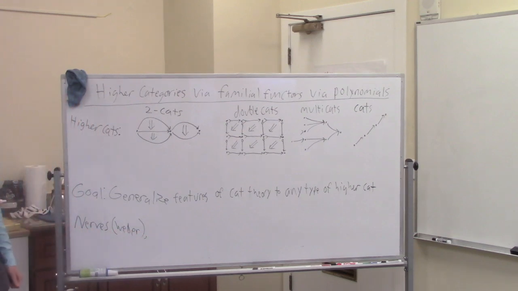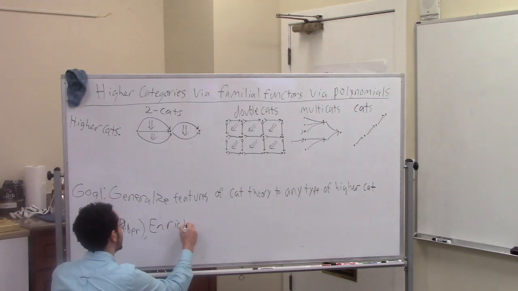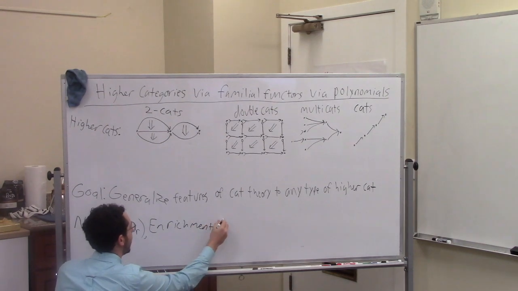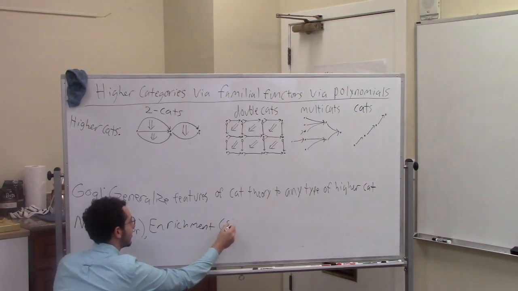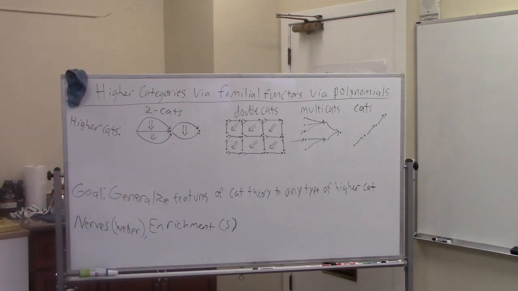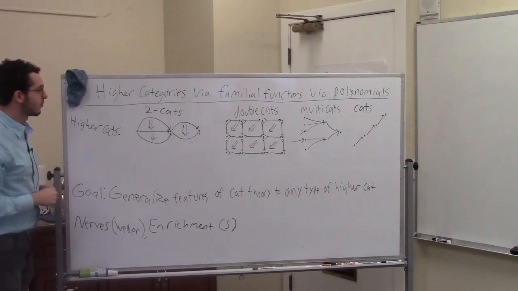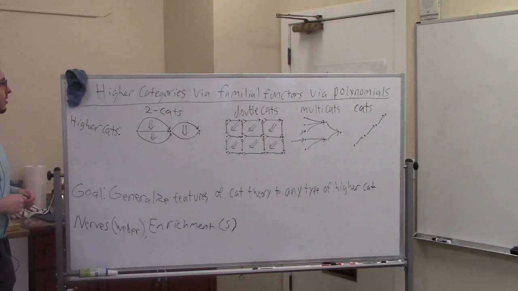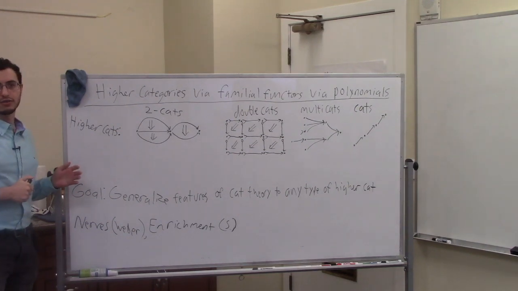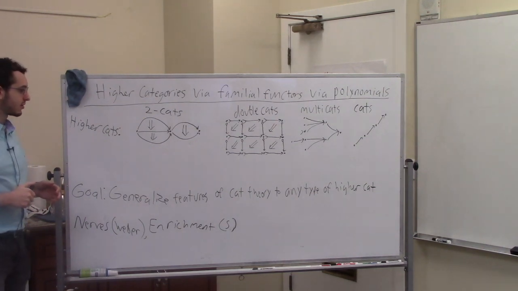Another thing that we can do for ordinary categories is enrichment, and this is the subject of the second paper that's going to go into my thesis. So I won't talk too much about nerves, which are sort of about taking these algebraic structures of higher categories and representing them in a more combinatorial way, which can be convenient in various ways.